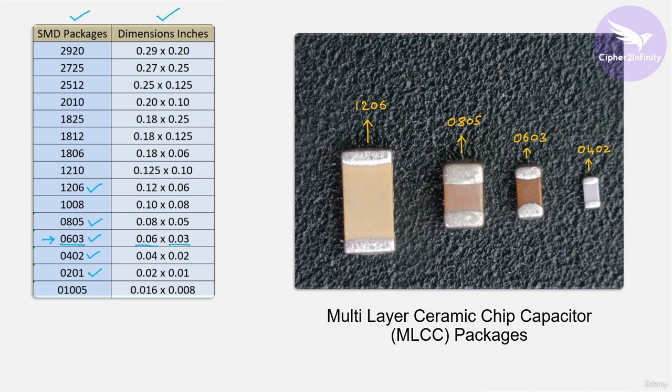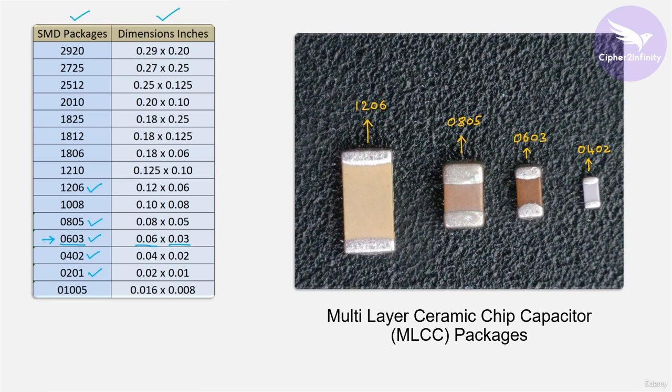In this image I have given the comparison for the 1206 package, 0805 package, 0603 package and 0402 package. I had these capacitors with me, so I took the image, and you can see how big the 1206 capacitor is, and how big the 0805 capacitor is in comparison to the 0603 and 0402 capacitors.